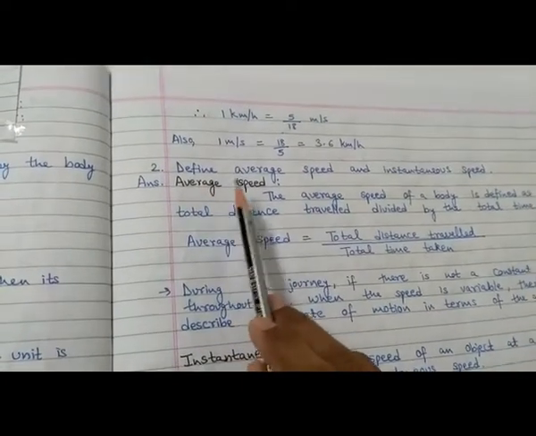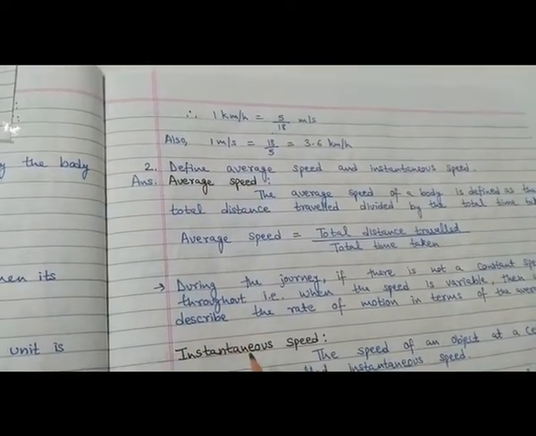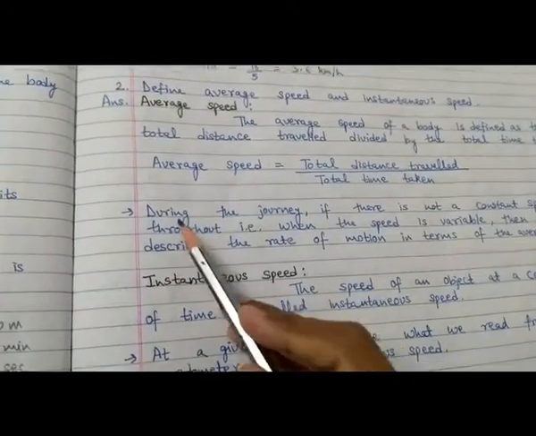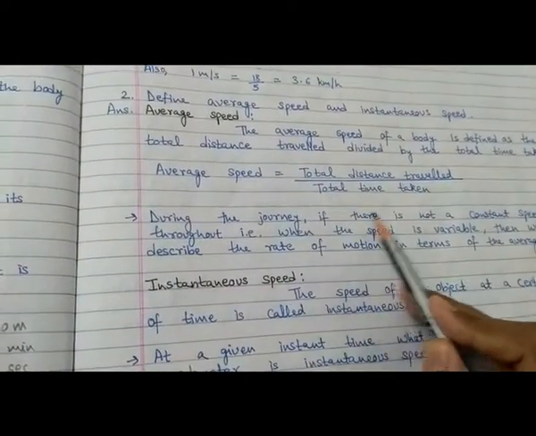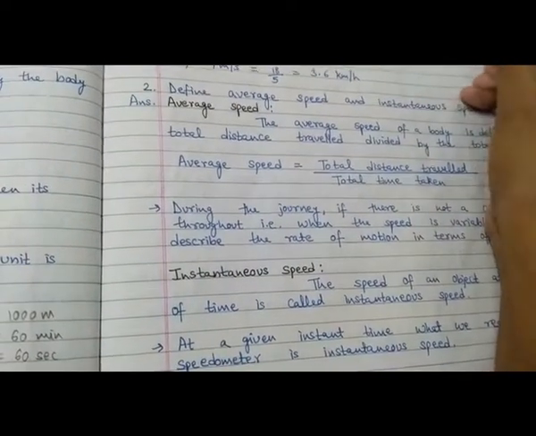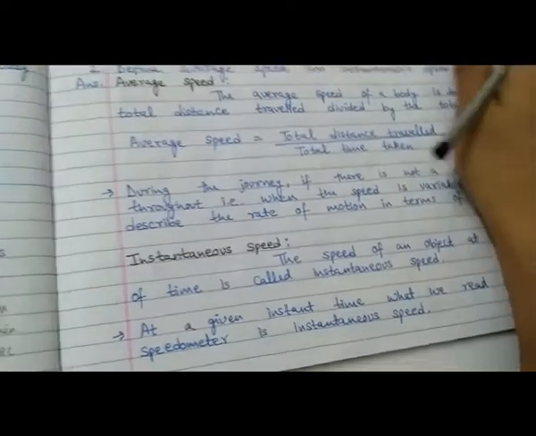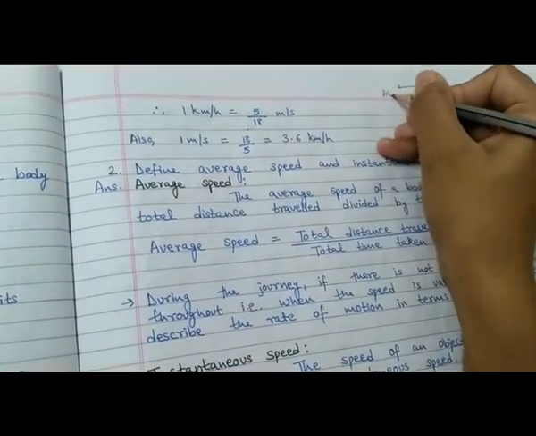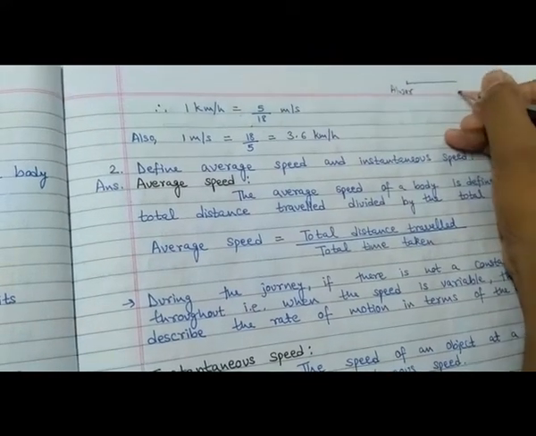Average speed needs to be studied because, see, during the journey, if there is not a constant speed, let's take an example that we have to go from Alwar to Delhi.